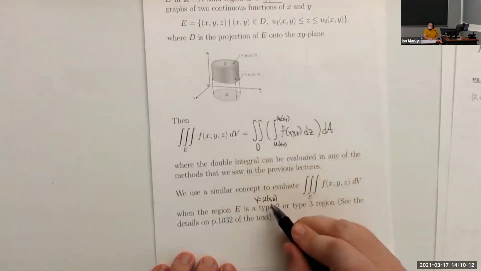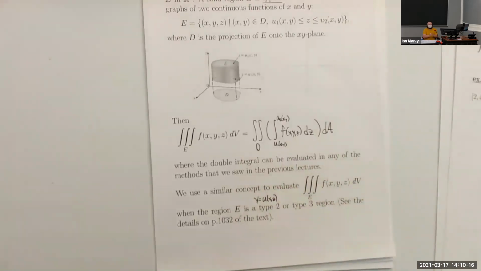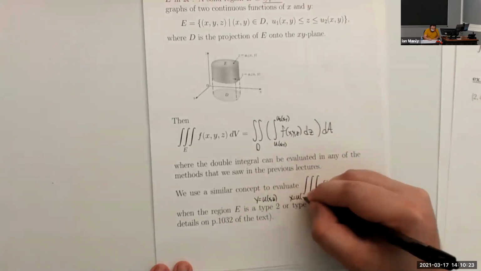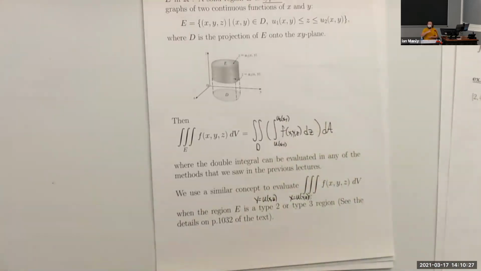So we would do the y integral first, and then we're going to crush the y dimension and then do a double integral with x and z. Or we could have x as a function of y and z. So we would do the x integral first between 2 surfaces in the x direction. We would crush that down and then do a double integral in the y and z dimensions right here.